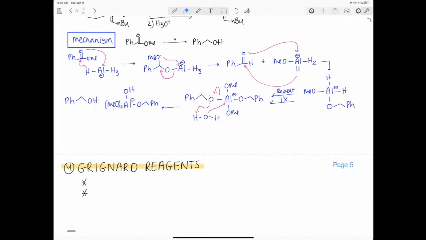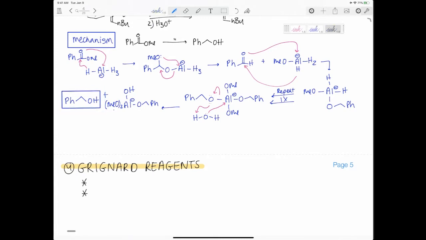I don't have space to write it, but you can just show this step and that's fine. Okay, so what we have here is our product, as you can see, and this is where the reaction stops.